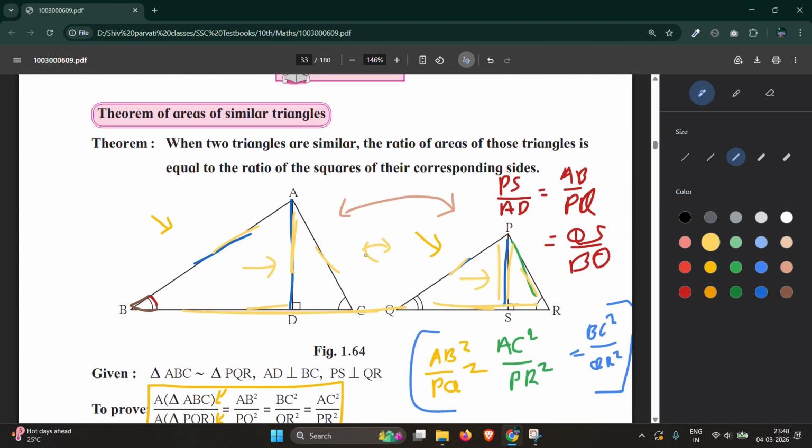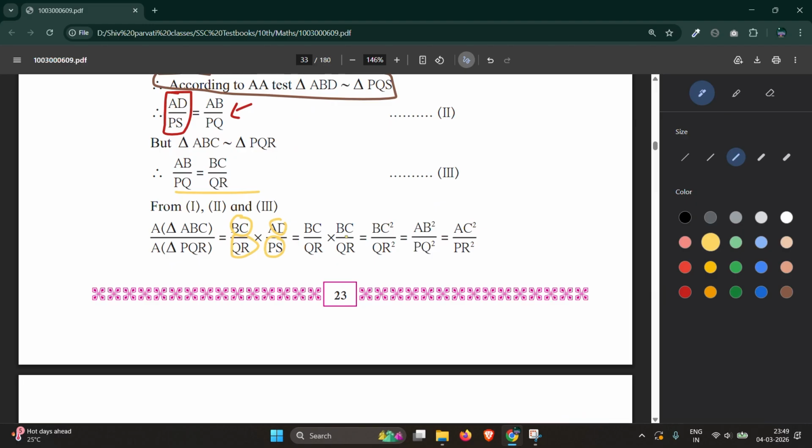Then we replace the height with the ratio of any other side, so this side, or this side. So we can replace this with BC upon QR. So then we get BC upon QR times BC upon QR. So that means we get this squared, and we can follow the same logic to get the squares of any other sides as well.